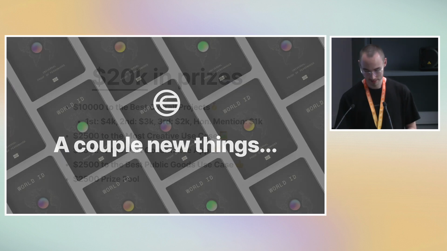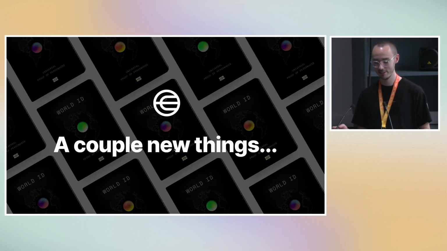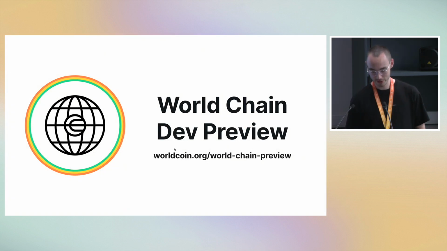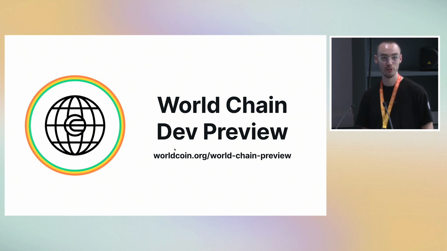And then, as I mentioned at the start of this, there's a couple new things that I'm excited to talk about here. The first of them is that just on Tuesday, we announced that the developer preview of WorldChain, our own OP Stack Layer 2, is now live. So if you want to apply for access to this dev preview, you can go to worldcoin.org/world-chain-preview.